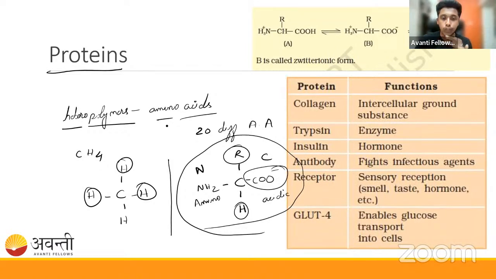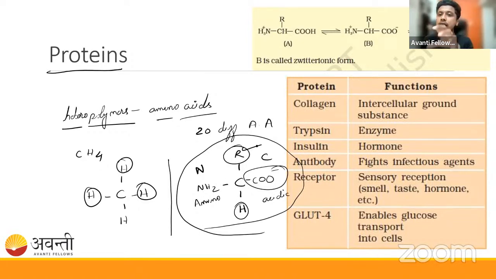Based on the characteristics of your R group, your amino acid's nature also changes. It can be acidic, basic, neutral, polar, non-polar, positively charged or negatively charged. So based on what functional group we add, our amino acid characteristics also change.